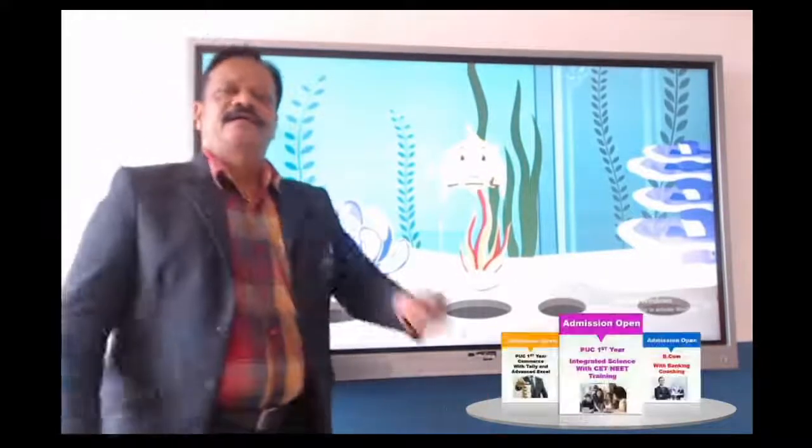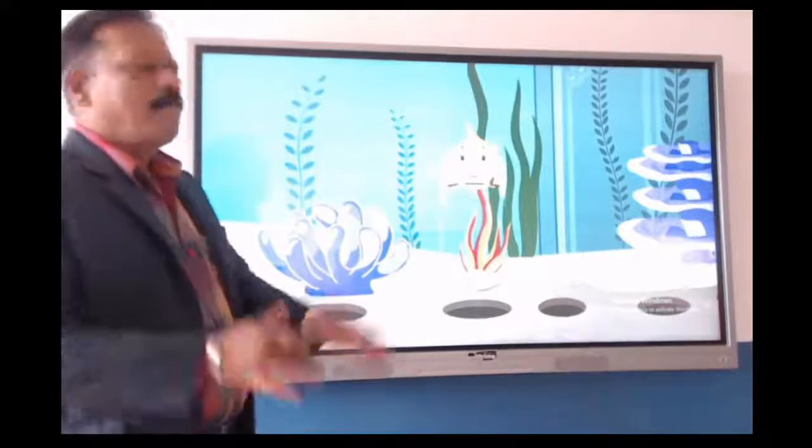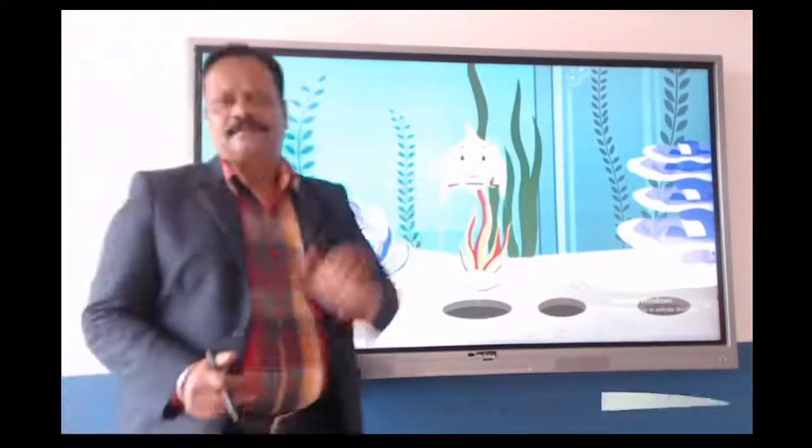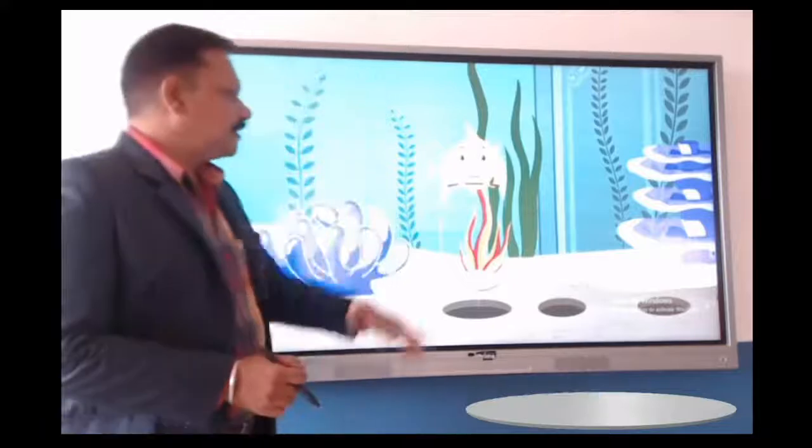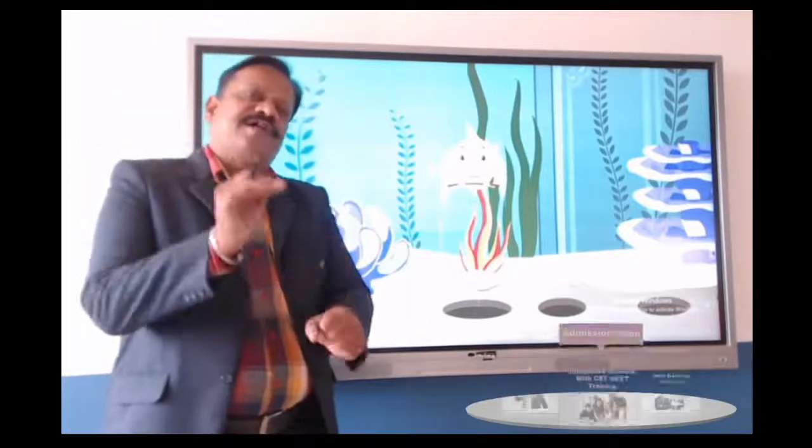So here you are observing a pot containing water. In that water, the boy is thinking what to put into the water.